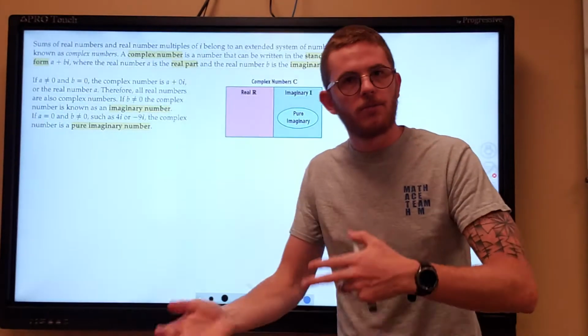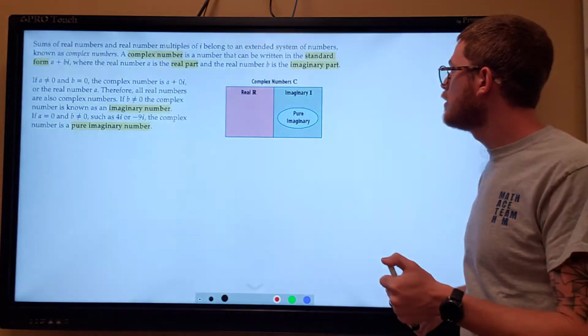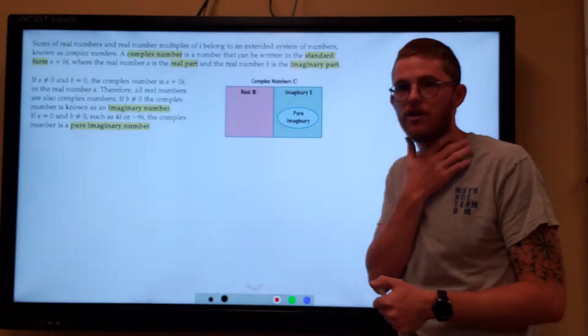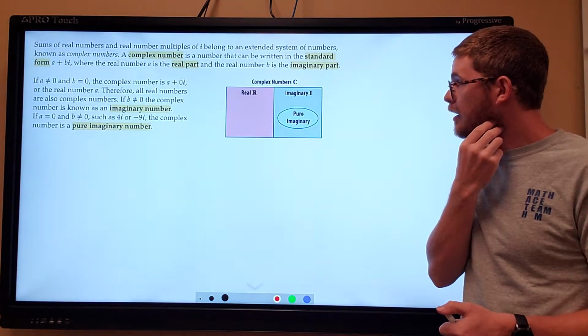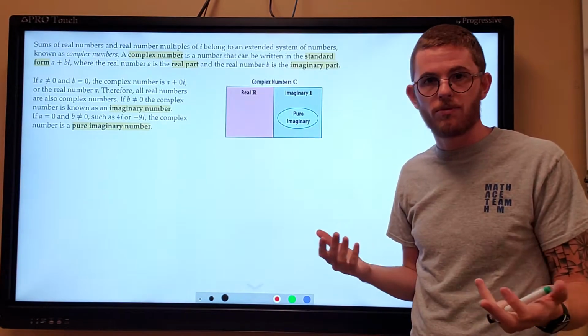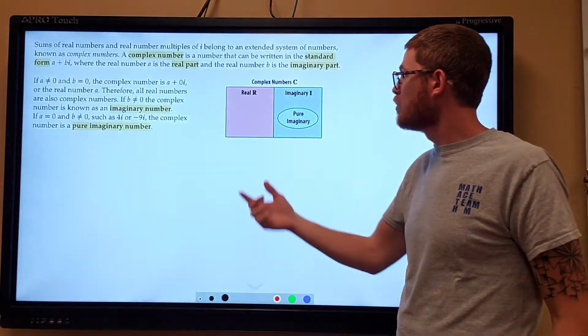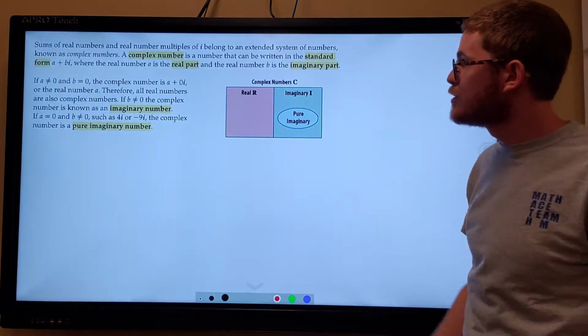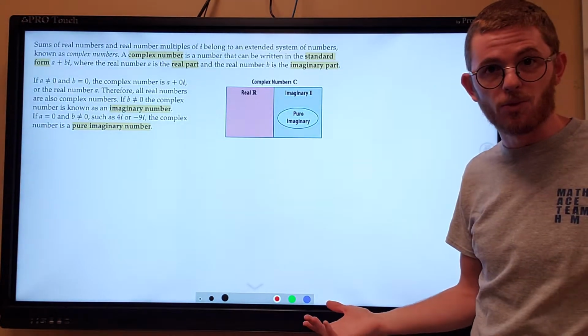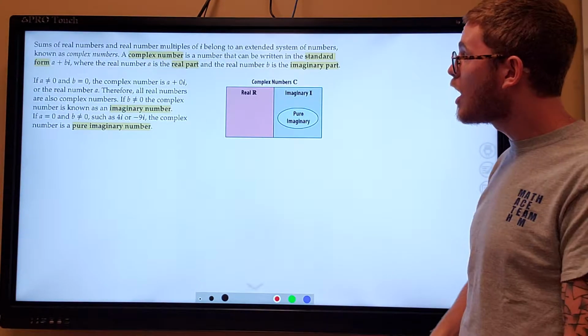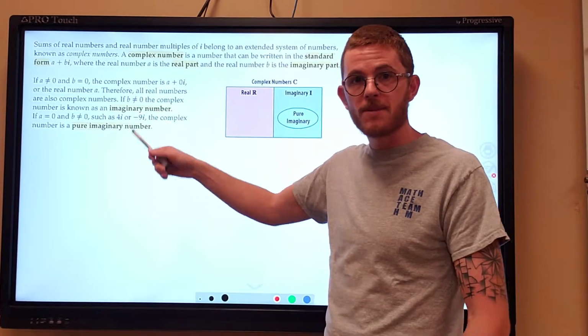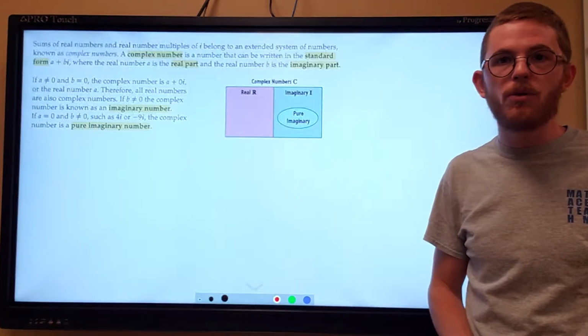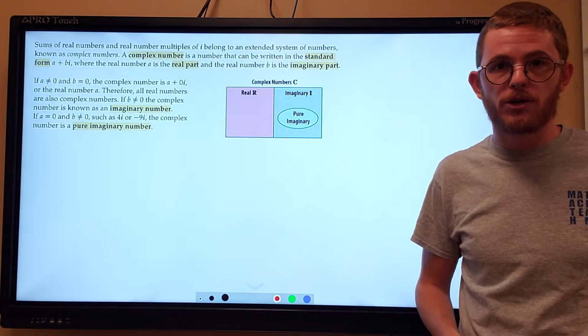So I was talking earlier about real numbers and imaginary numbers, and we've got both. We've dealt with real numbers a lot, but imaginary numbers is what we're really dealing with right now. A complex number has both a real and an imaginary part.